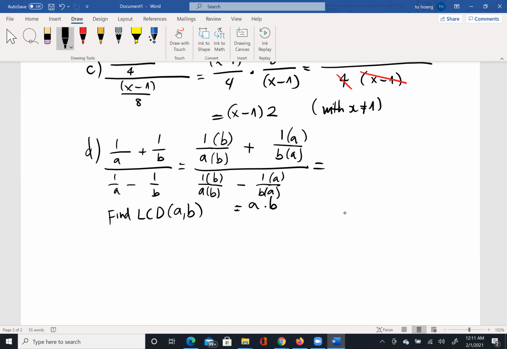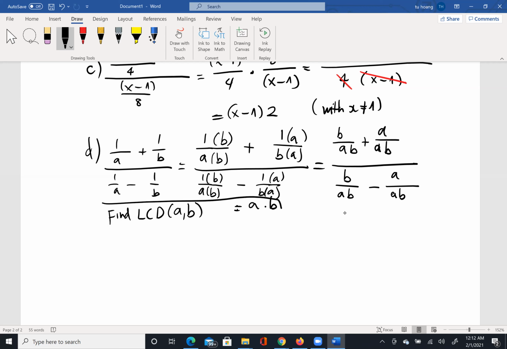When you combine top and bottom, the top will be b over a times b plus a over a times b, because b over a times b is equal to a times b, and then divided by b over a times b minus a over a times b. Okay.